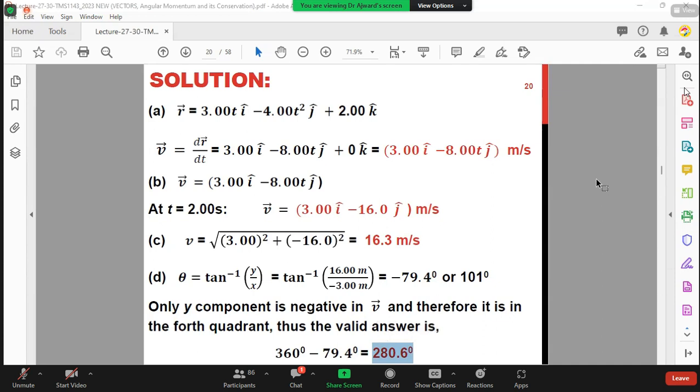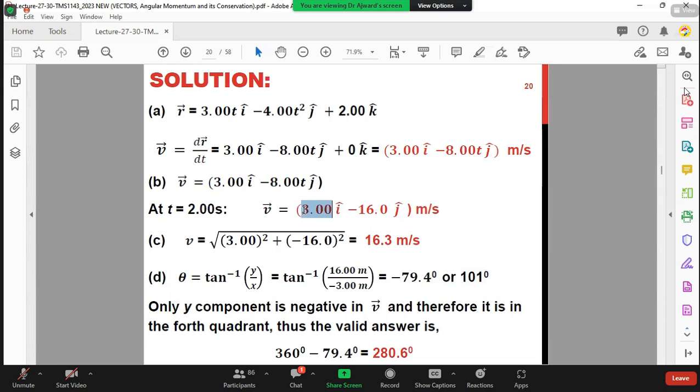One student is asking how you get 101 degrees in the calculator. It depends upon your calculator, actually. Sometimes some calculators will give both answers, because there is a negative tan and both answers are correct.